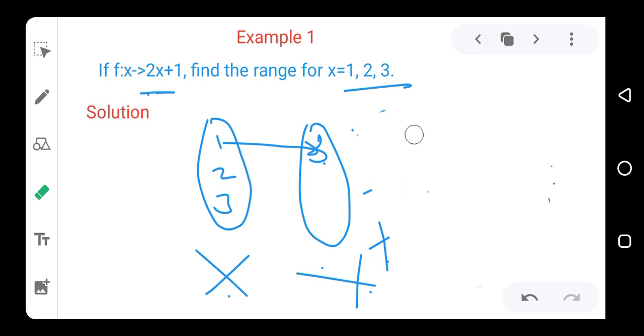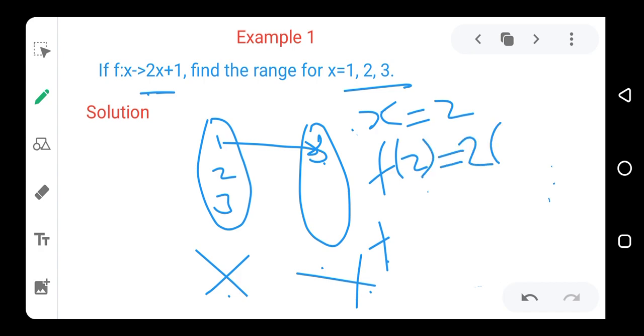Now when we have x equal to 2, then the function becomes f of 2 is equal to 2 bracket 2 plus 1.